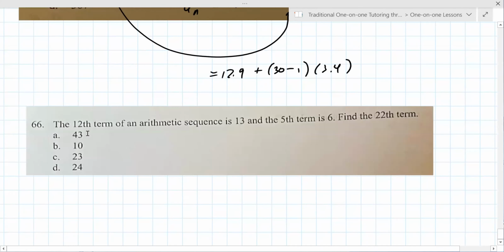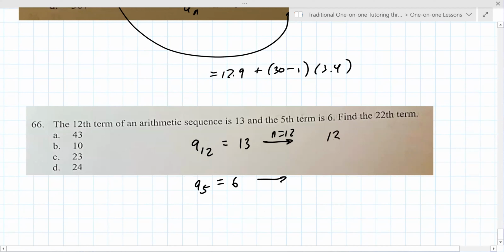Okay, the 12th term of an arithmetic sequence is 13. So a sub 12 is 13. And the 5th term is 6. So what you have to do is just convert each of these into an equation. So in this first one, they're telling you that n is 12, and a sub n, a sub 12, is 13.